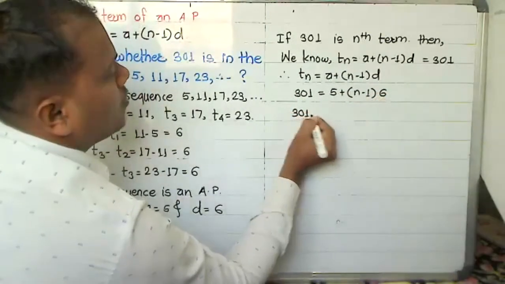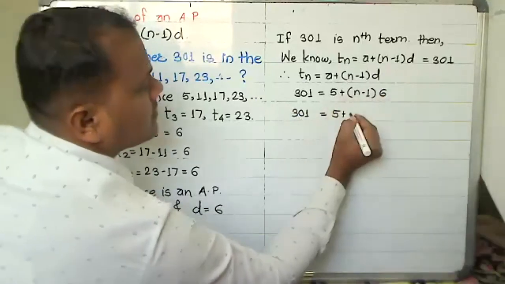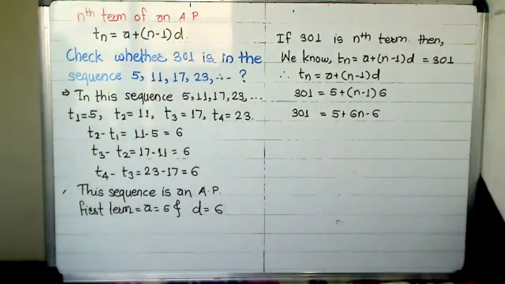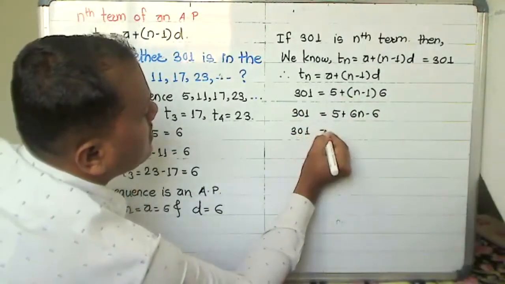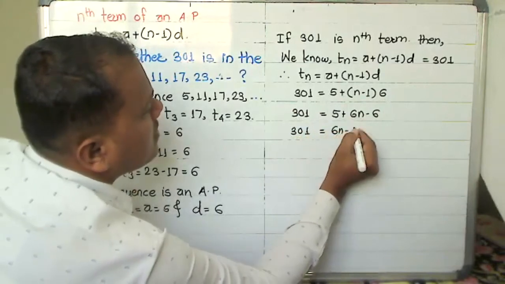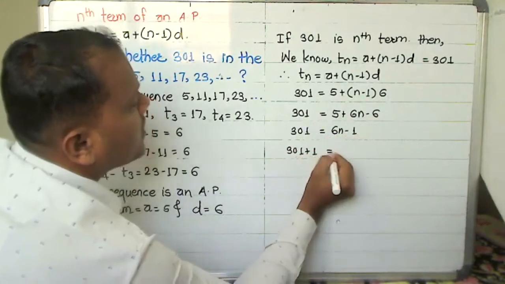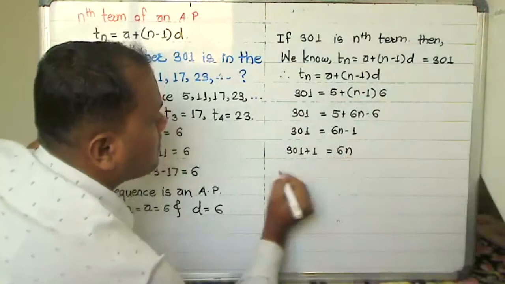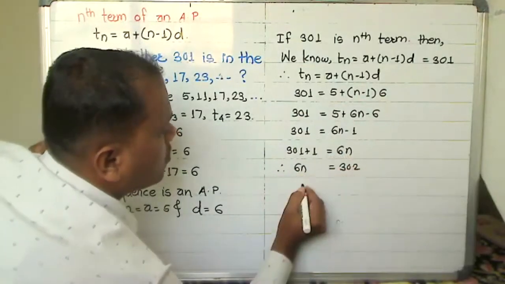So 301 is equal to 5 plus 6n minus 6. So therefore 301 is 6n minus 1. So 301 plus 1, shifting this minus 1 to the left hand side, 6n is equal to 302.